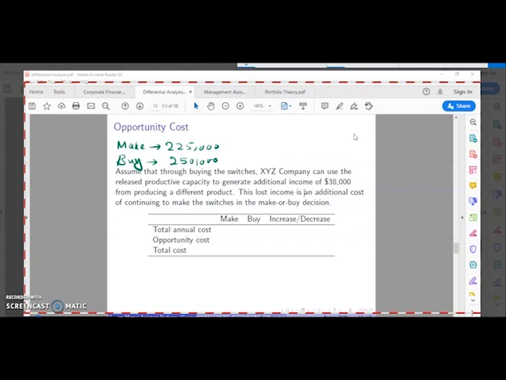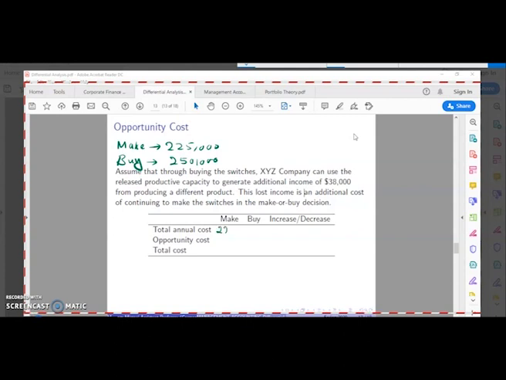Now, in this example, we assume that if they buy the product instead of producing it, then they will be able to generate additional income of 38,000. So what will happen if I want to again calculate the cost for make and buy?